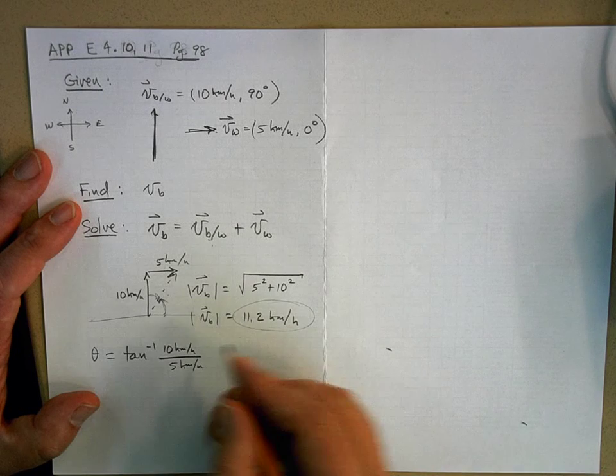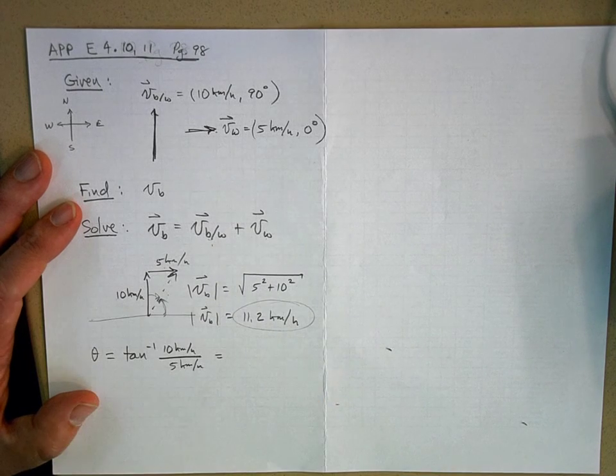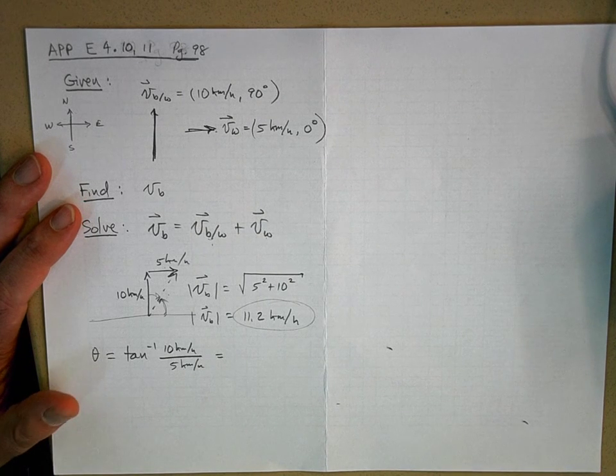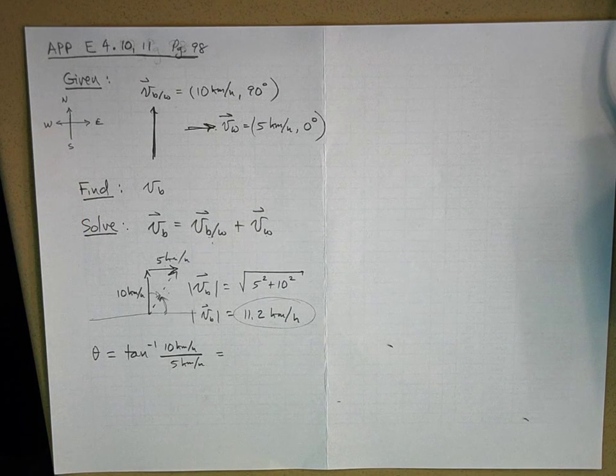And that's going to be equal to, let's see, you know what, the book did it the other way around, didn't it? That's okay. Let's see, what would that be? Inverse tangent of 2.